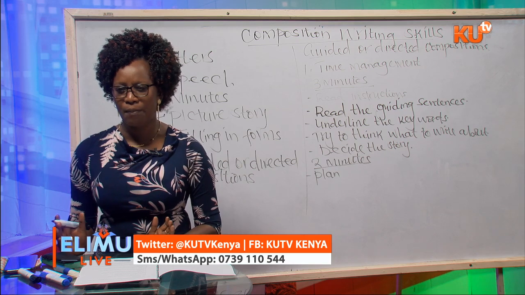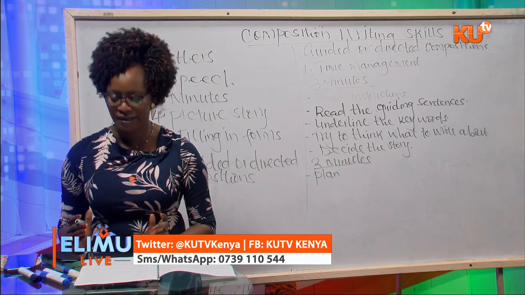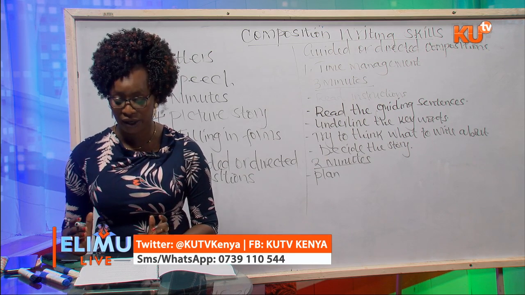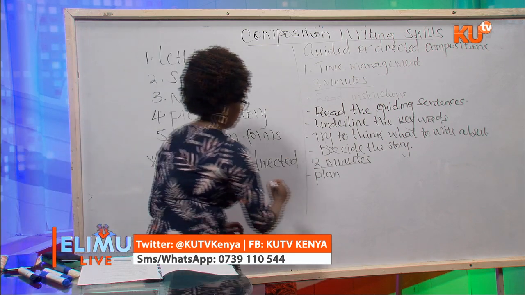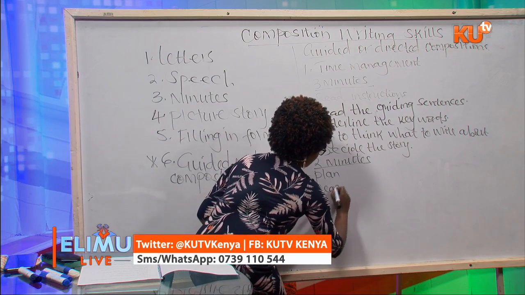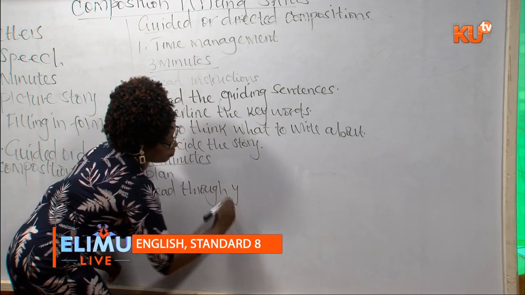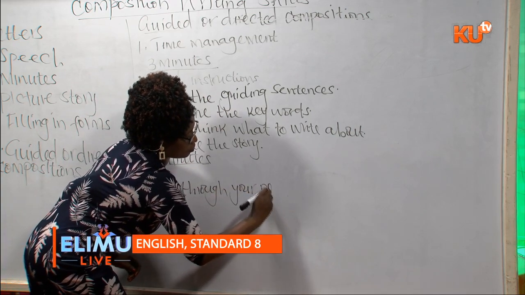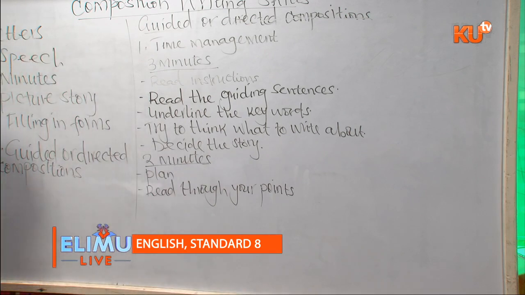Go through the plan, go through the points, go through the guidelines to check if the story actually makes sense. So you're going to read through your points in the next 2 minutes.